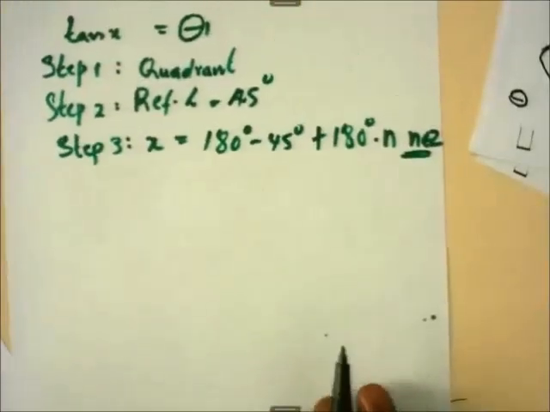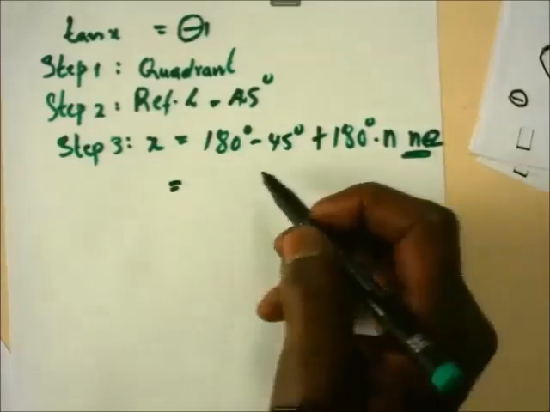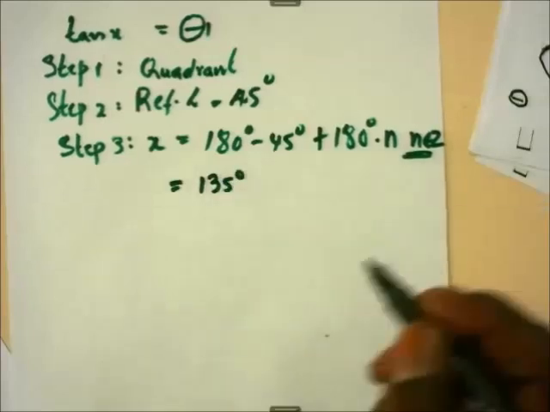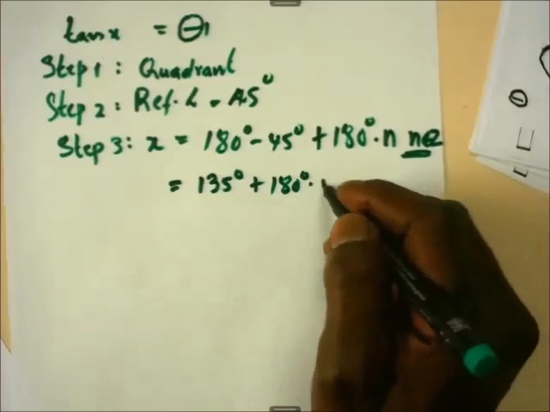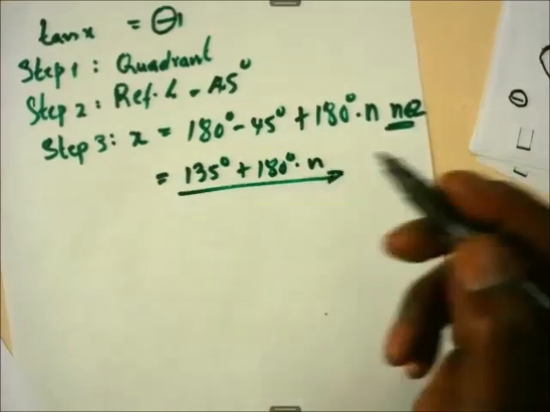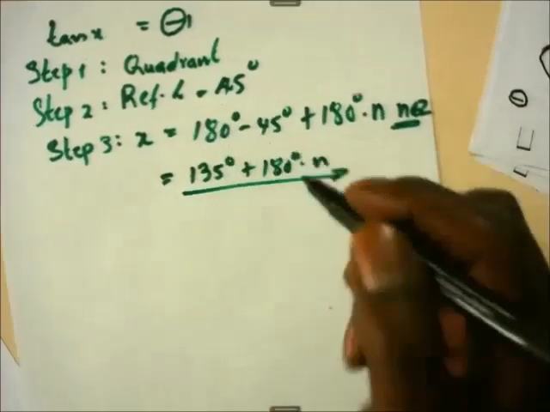Right. Then, we can simplify this as 180 minus 45, that will be 135 degrees plus 180 degrees times n. Right. That will be the first general solution for that problem, tan x is equals to -1.